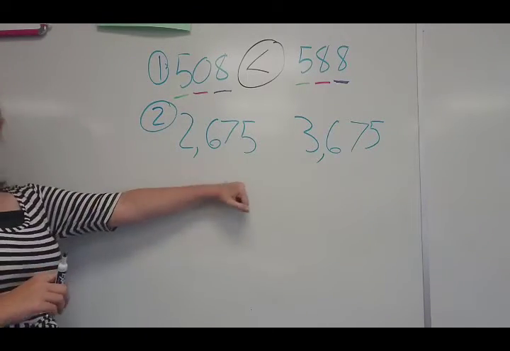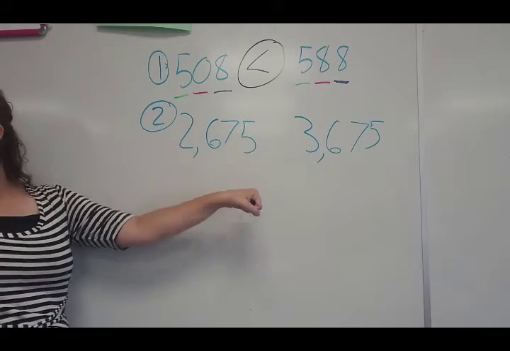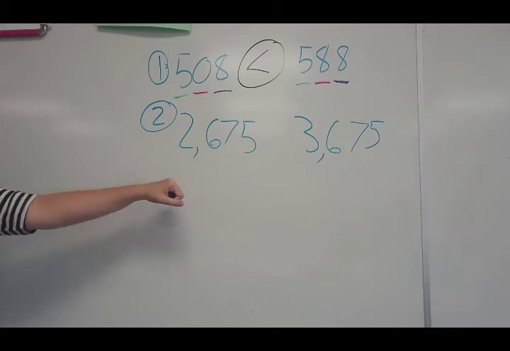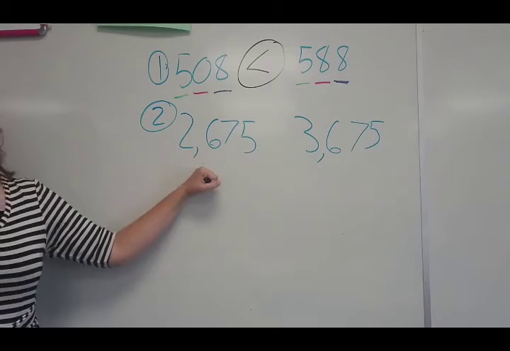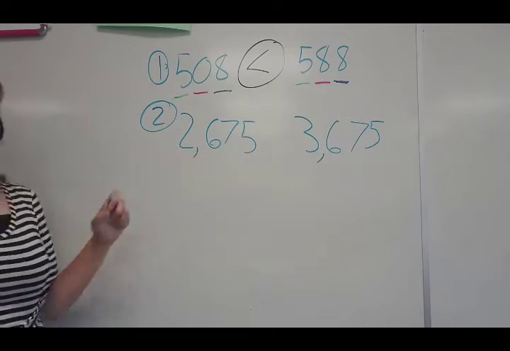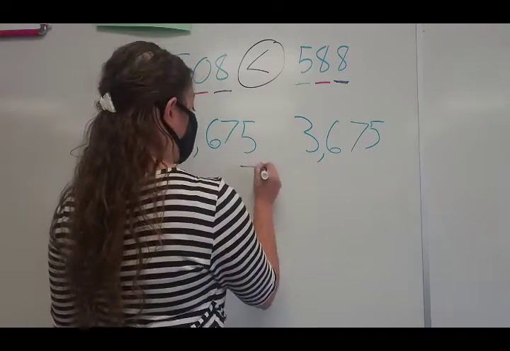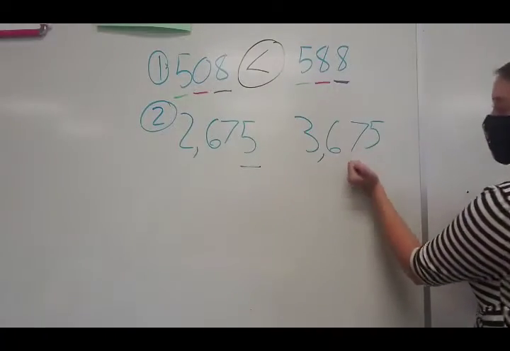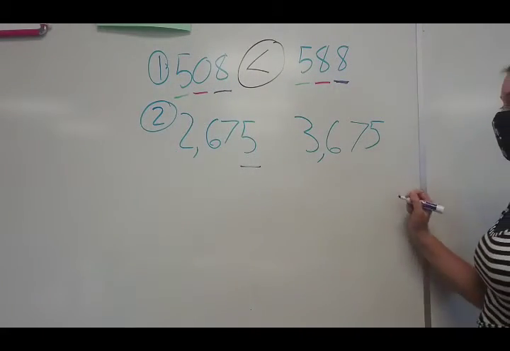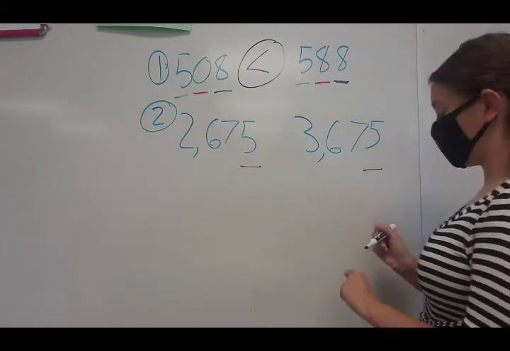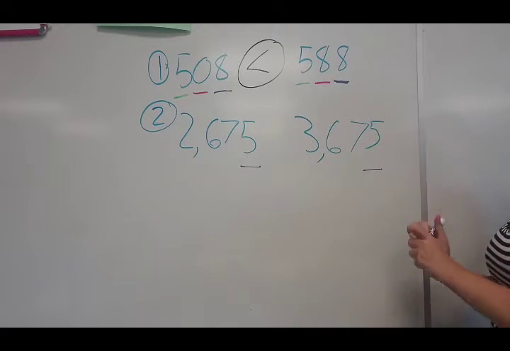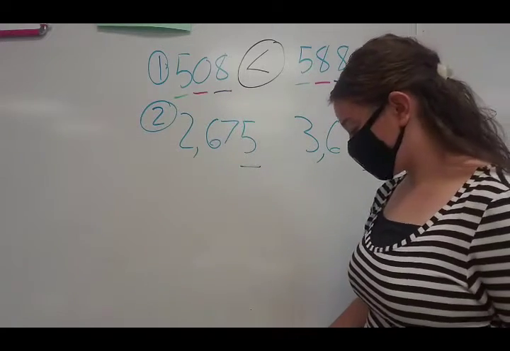Samara, what's in my ones place on this number? The 5. Joseph, what's in my ones place on this number? 5. Good. Can we tell anything by this one yet?